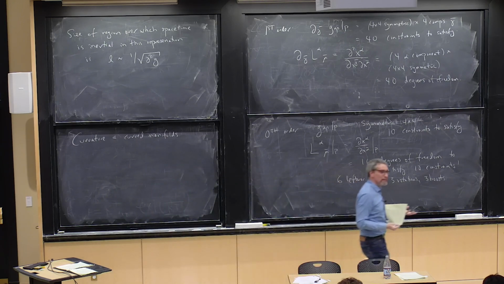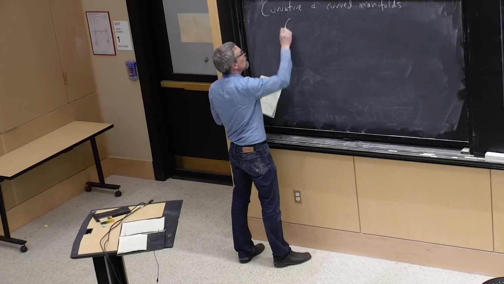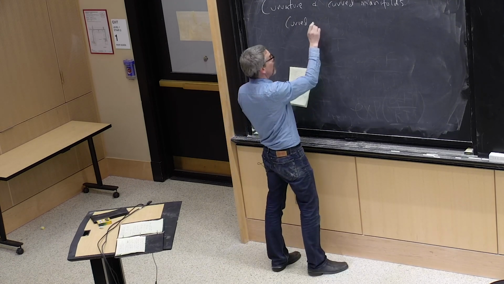So we're going to need to define what I mean by a manifold that is curved. So a curved manifold is going to simply be one in which initially parallel trajectories do not remain parallel.